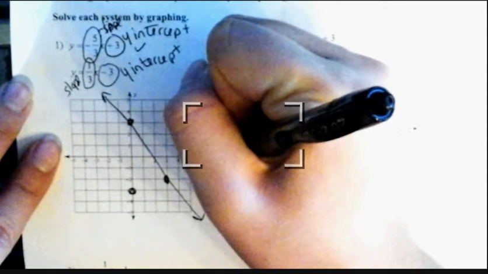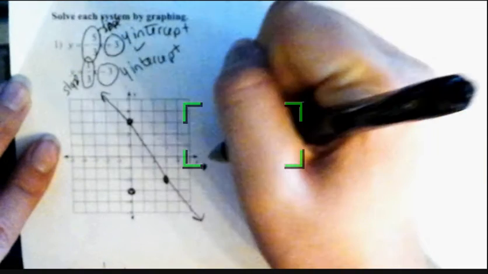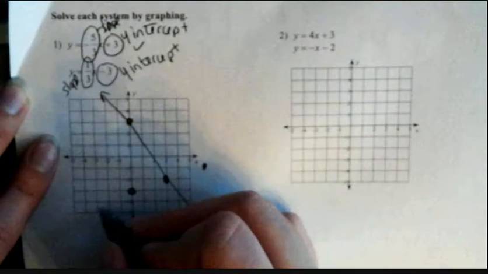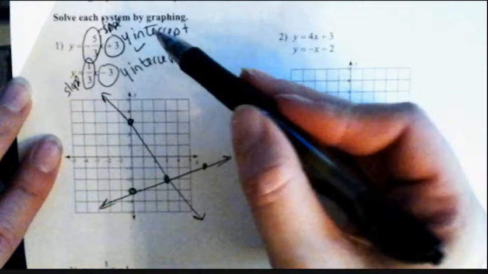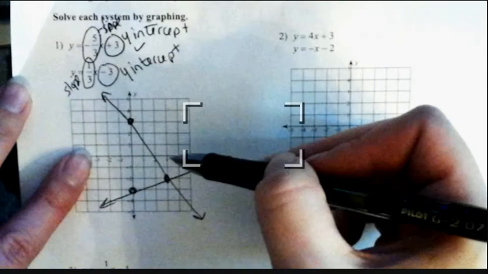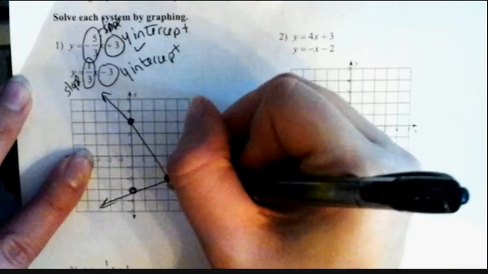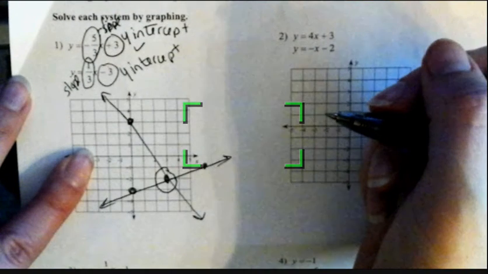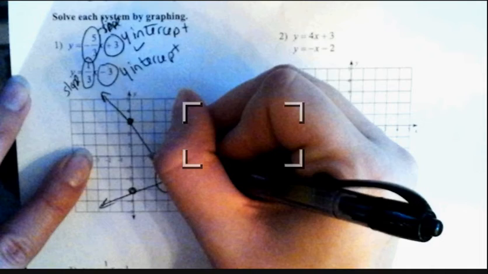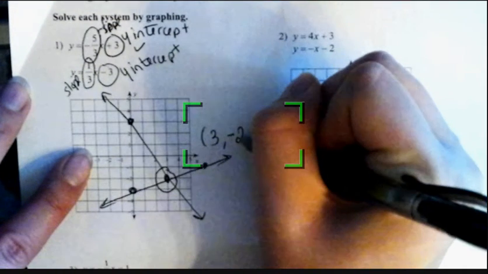Up 1, 1, 2, 3 would be right here. To solve a system of equations by graphing, I look for the point at which they intersect. That point is right here. So that point would be 3, negative 2.